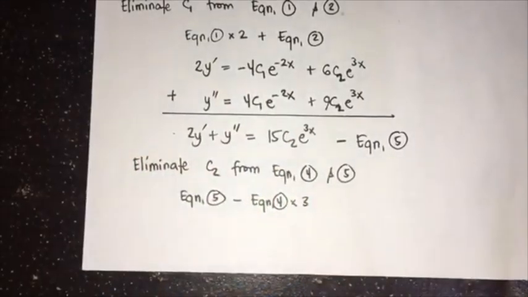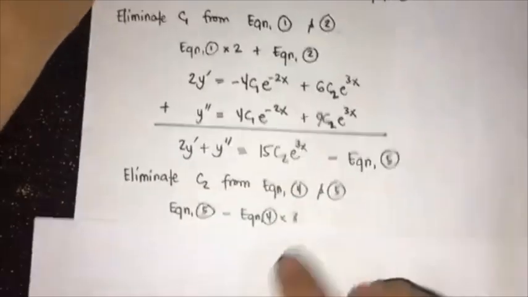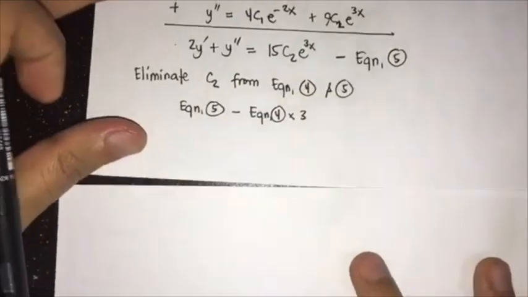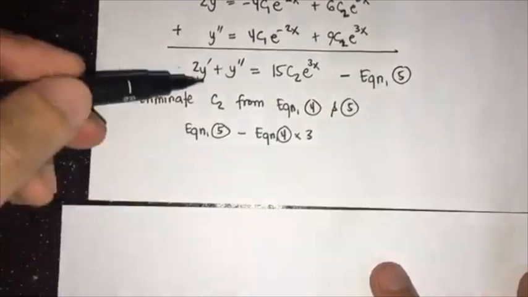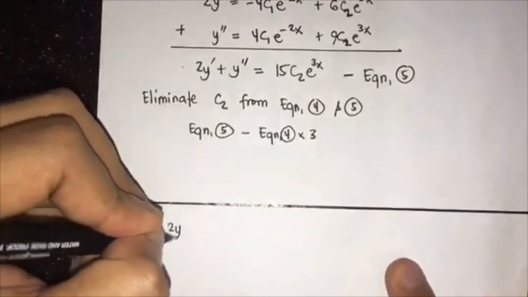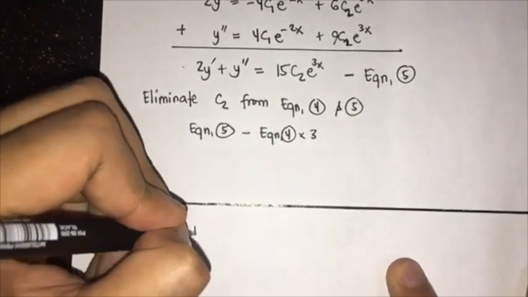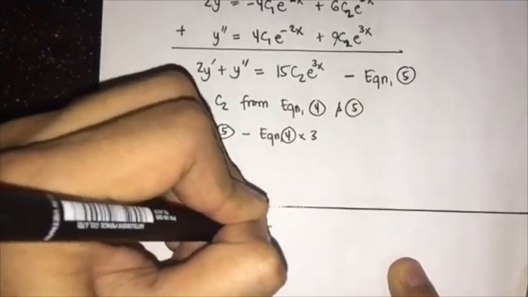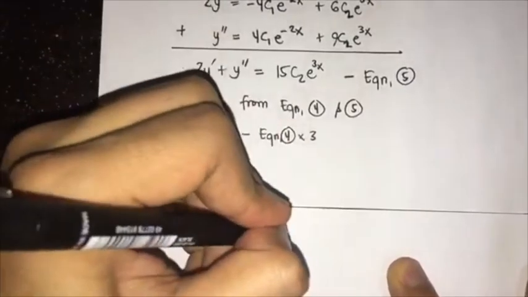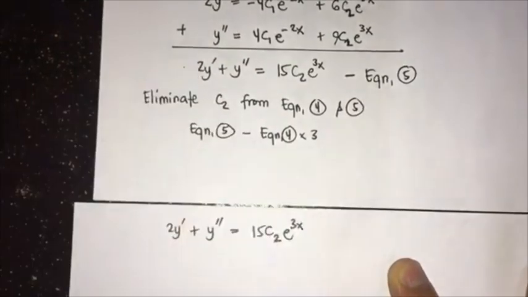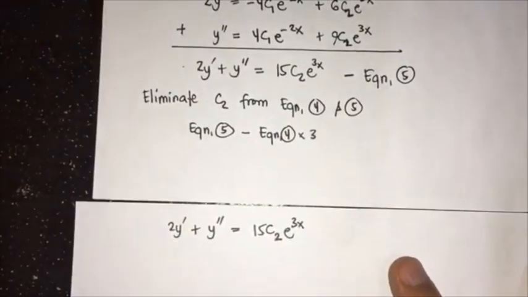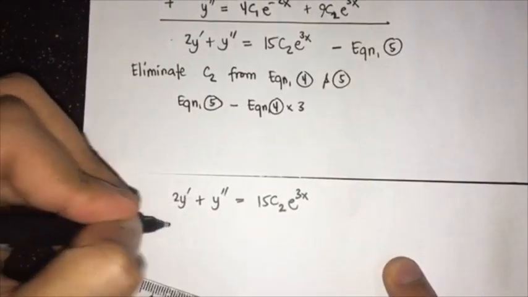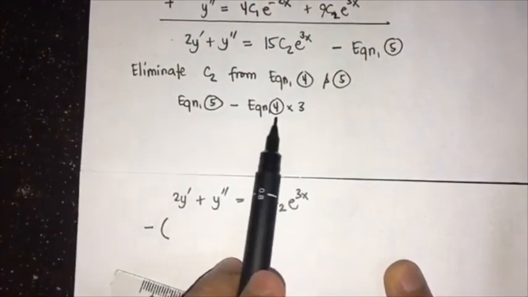So rewriting equation 5: 2y prime plus y double prime is equal to 15c2 e to the power of 3x, minus equation 4 times 3.